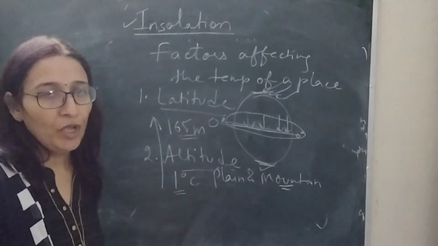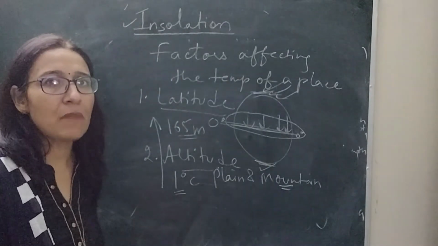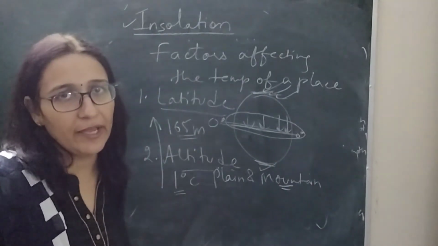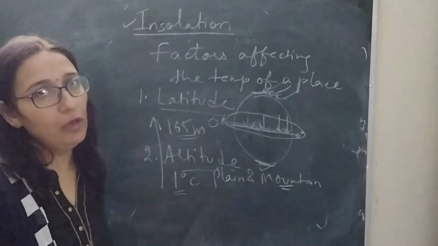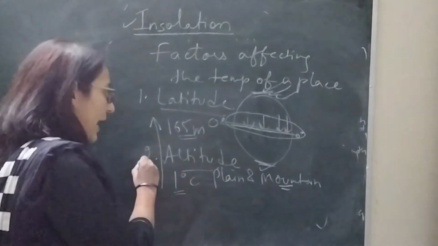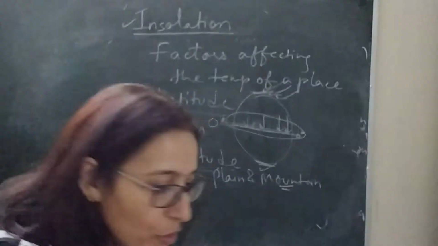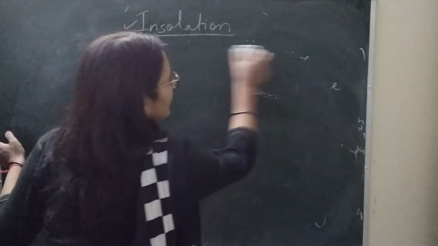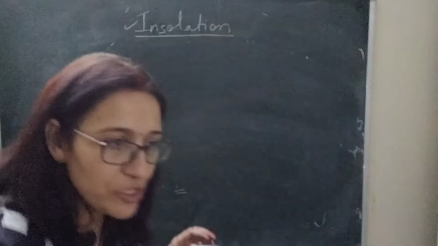No. If any mountain is located near the equator, it doesn't mean the temperature will be high. The temperature will be cool. Why? Because which factor is more applicable here? Altitude.